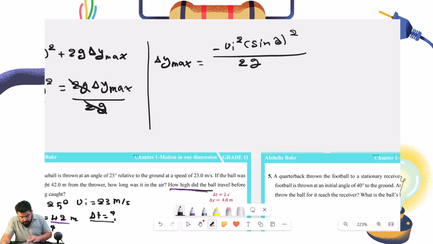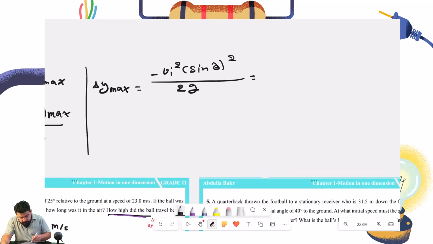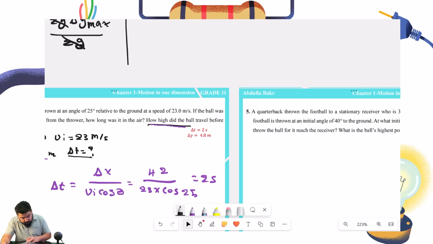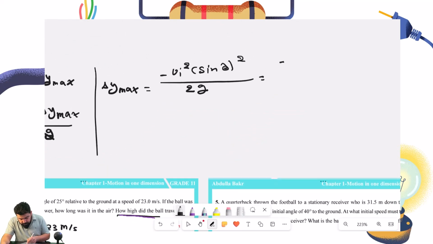Now we have v initial, which is equal to 23. So negative 23 squared multiplied by sine of what angle? Of 25, and then all of it squared, divided by what? Be careful, we have 2 multiplied by negative 9.81.